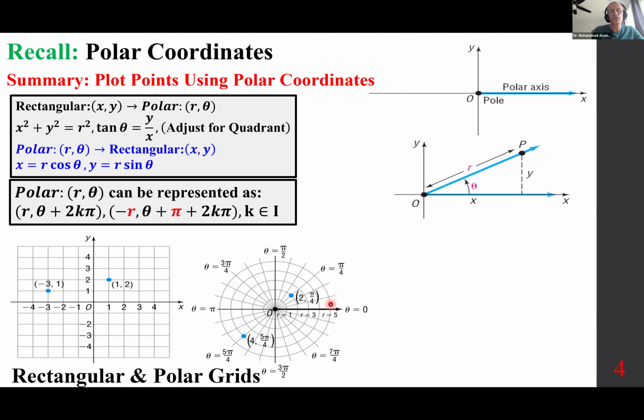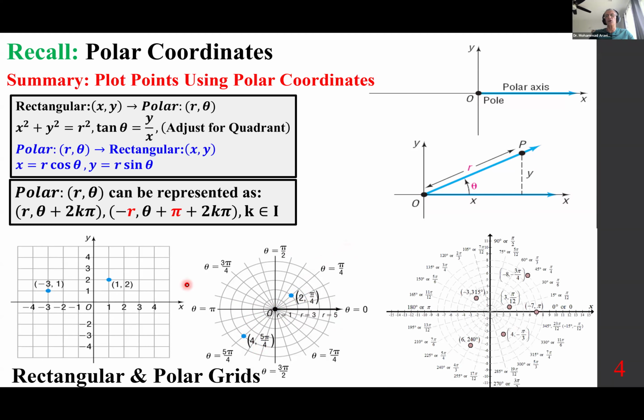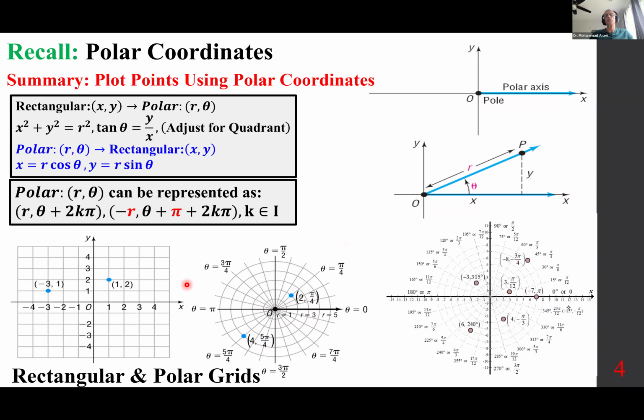So if you want, for example, 2, pi over 4, first you locate the pi over 4 ray, and then you go 1, 2 tick marks. 5 pi over 4, and then you go 4 tick marks, 4, 5 pi over 4. That's rectangular versus polar. And you can put them together if need be. And there are some more points, as you can see.